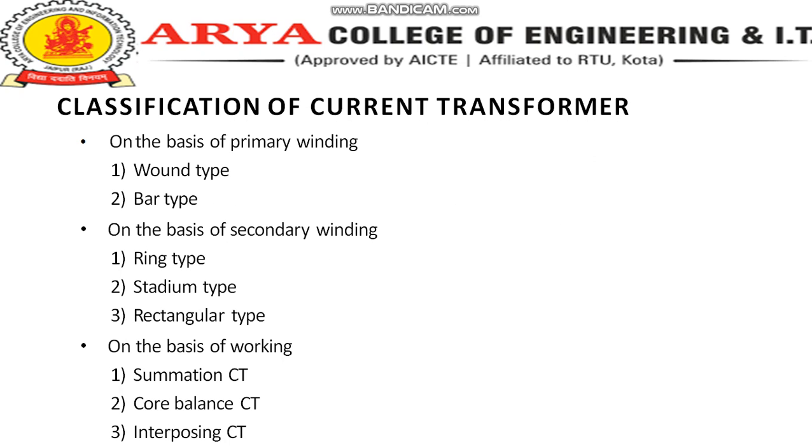Now in this slide we discuss the classification of the current transformer. First, on the basis of primary winding, current transformers are classified as wound type and bar type, and according to secondary winding they can be classified into three types: ring type, stadium type and rectangular type.